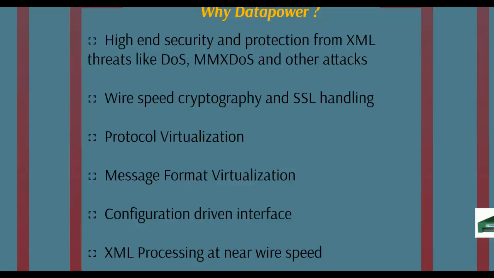Inside your organization, if you want to leverage this feature, this could be a huge gain. So that's why we say that XML processing is the place where DataPower really shines.